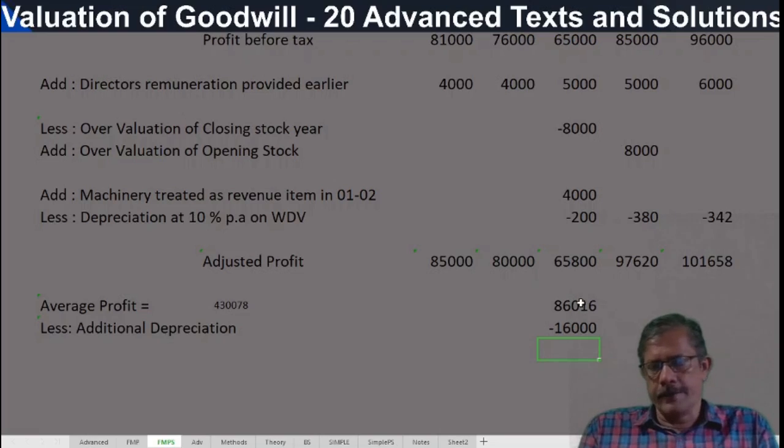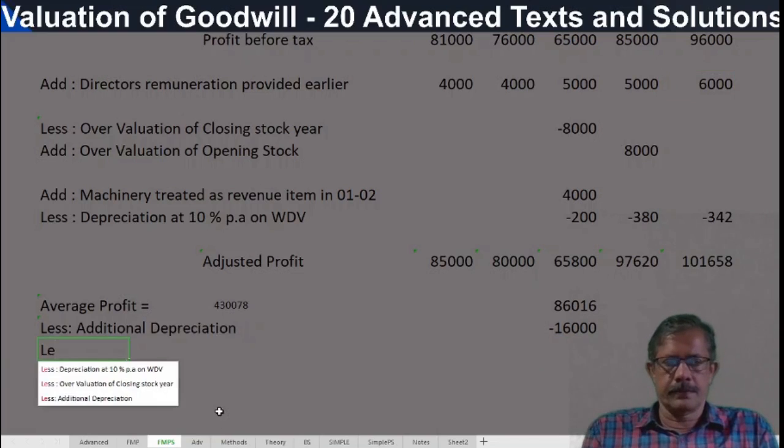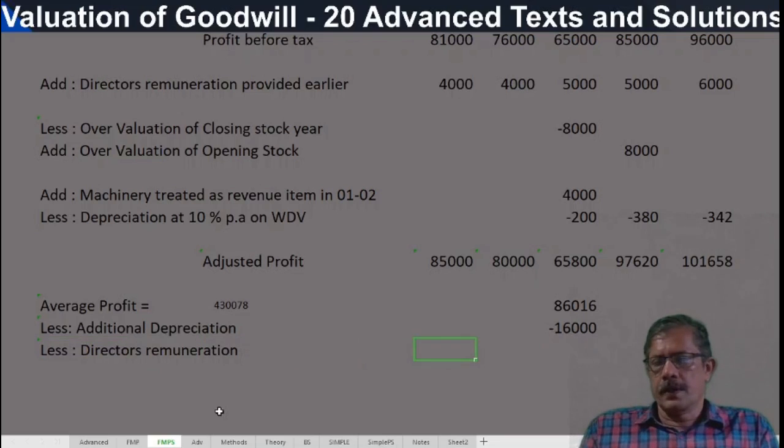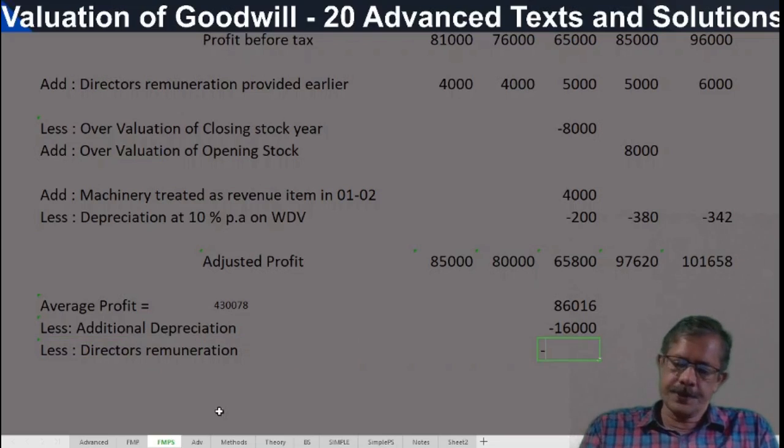So all the revenue items we have calculated. Now, director's remuneration is there. Less director's remuneration. How much here? 6,000.